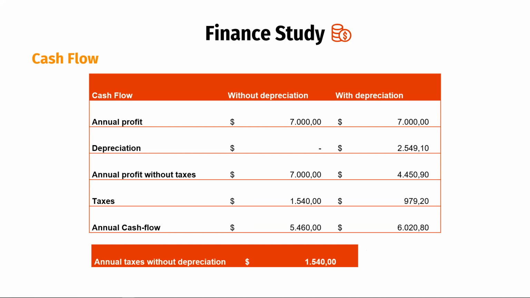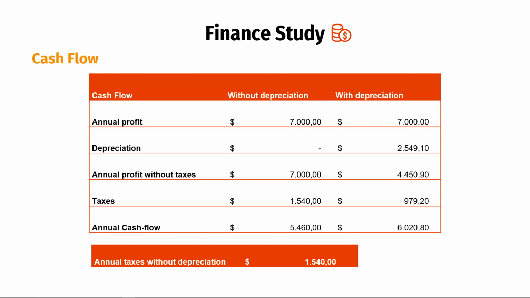Without depreciation, we have an annual profit of $7,000. The annual profit before taxes is the same as the annual profit, and we obtain the taxes by multiplying the annual profit by the 22%, obtaining $1,540.